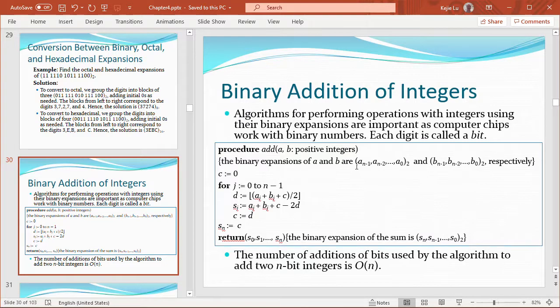So suppose we have a sequence of bits. Once again, let's start from the most significant bit to the least significant bit.